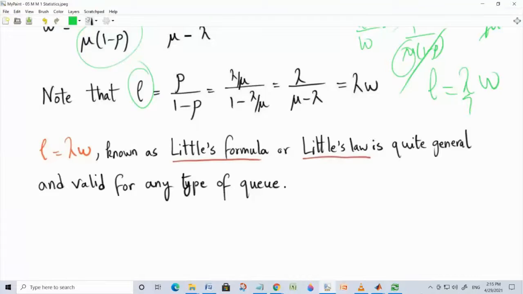Little's theorem, or Little's law, or whatever you want to call it, is basically this idea that even in a queuing system in which we don't impose exponential inter-arrival times or exponential service times, the average number of customers in the system, the average number in the queue, is related to the average waiting time or the average delay in the queue. And they are related in a very particular manner: L is equal to lambda W.